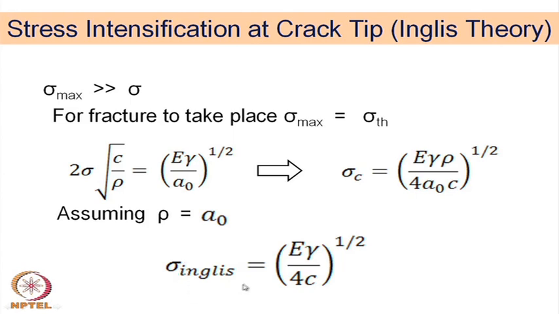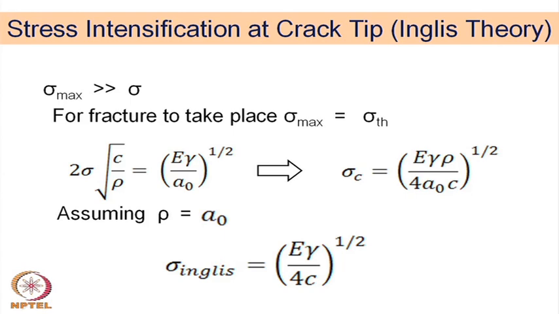Then the stress required for fracture, sometimes designated as sigma f, is equal to the square root of the Young's modulus E, the surface energy gamma, and then this and this cancels. So, ultimately it becomes 4C. So, this is an important expression, the stress required for fracture.